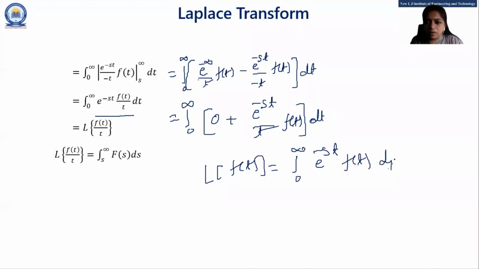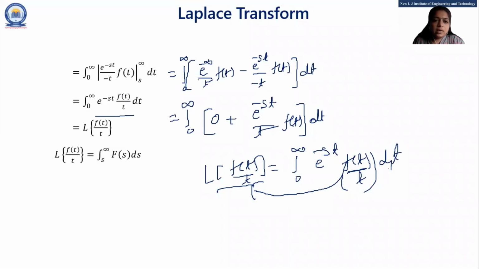So if the left hand side is given, we write the right hand side, and if the right hand side is given, we write the left hand side. So here if we have f of t upon t, then from this we may write Laplace of f of t upon t, and Laplace of f of t upon t is equal to integration s to infinity F of s ds.